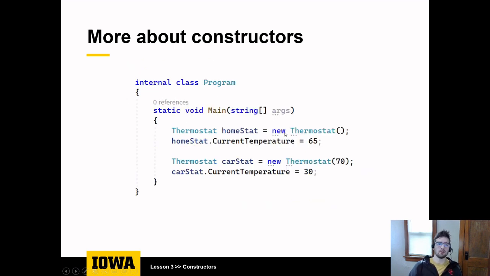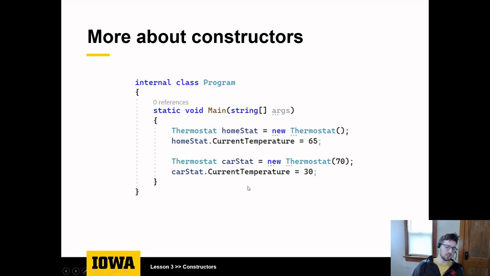And so if we see how that looks, imagine you have a program here. It has a home thermostat and a car thermostat. Home thermostat, we don't care about. We'll just say, whatever the default starting goal temperature is for our home thermostat, I'm good with that.